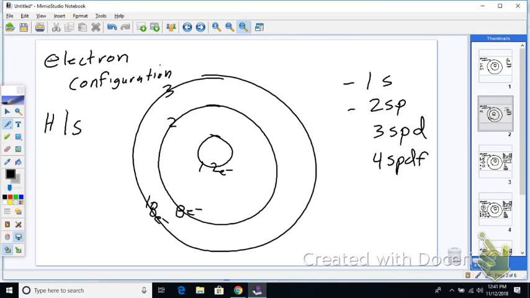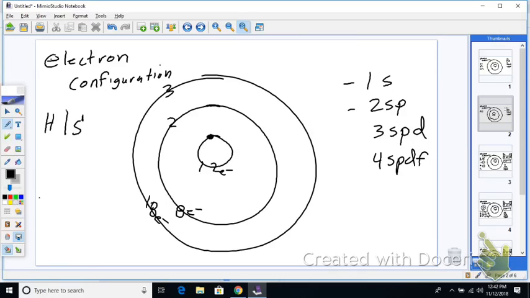We keep tabs of where those electrons are by putting a superscript just right above the sublevel. So 1s1. That's the electron configuration for hydrogen. And it's right here. If we were doing a model of it, there it is. Any questions with that?